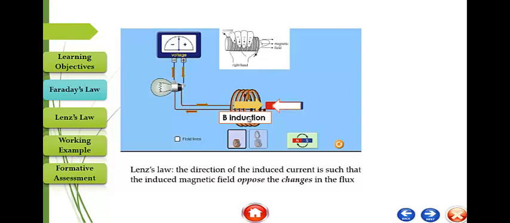So the induced magnetic field resists by reducing the magnetic field, so the direction of the induced magnetic field goes to the right. By the right hand rule, if the magnetic field is to the right, then the current is down.